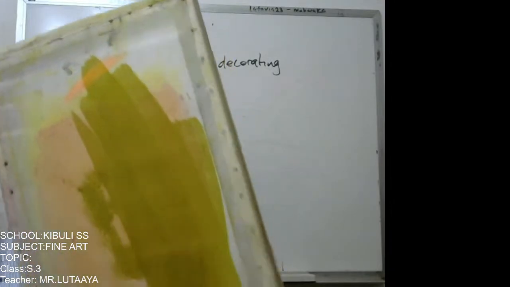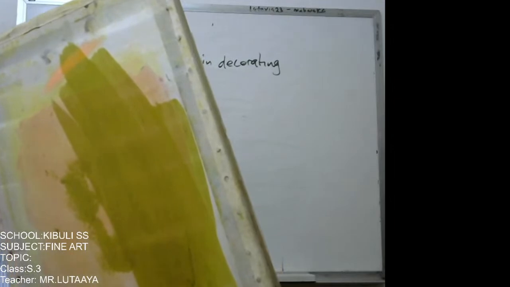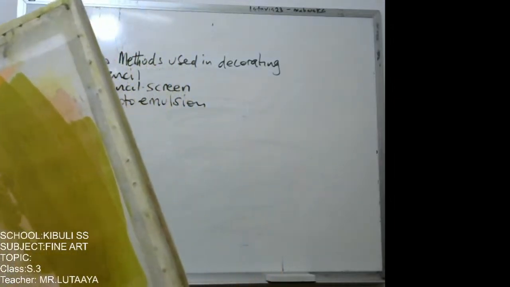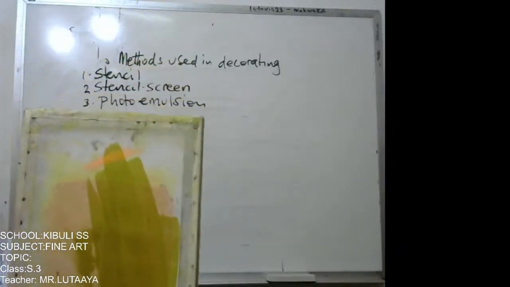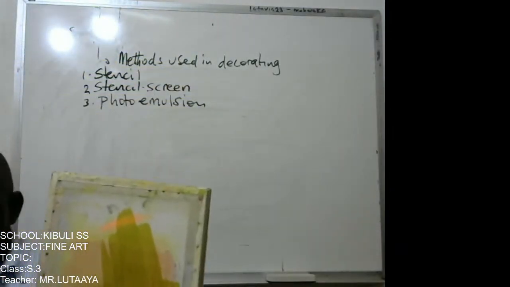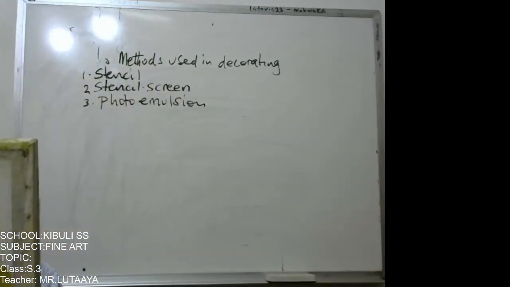In fact, you need to do it in a darker room. Then you make it ready and let it dry. It needs something like 45 minutes to dry after spreading it on the screen.